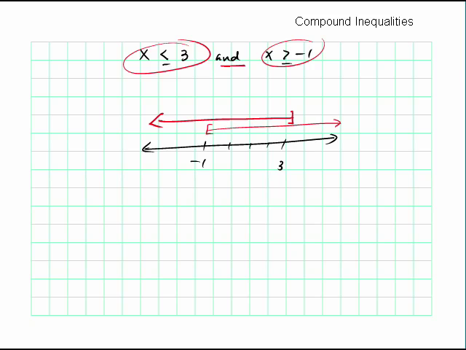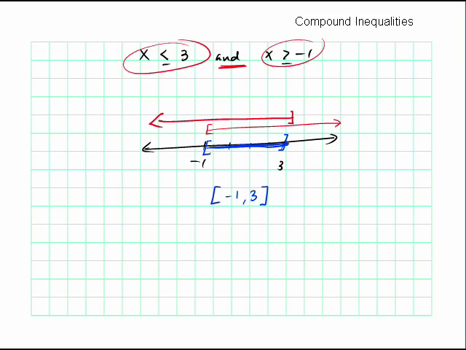This is an "and" statement, so I want the overlap of the two lines, or what they have in common. Well, that would be right here from negative 1 to 3, just like that. That's my answer. In our interval notation, that would be bracket, negative 1 to 3, bracket.